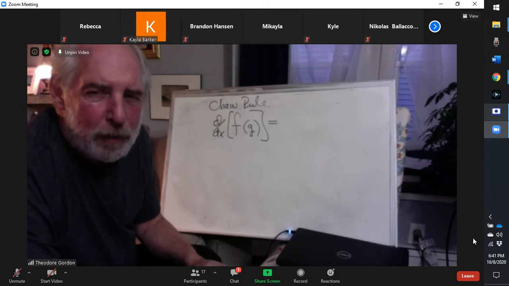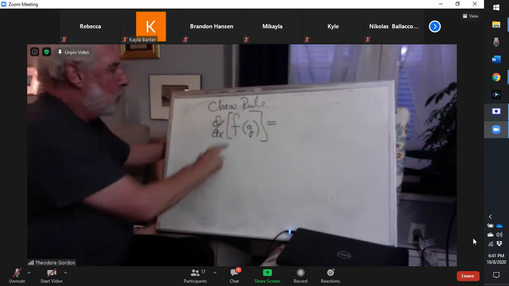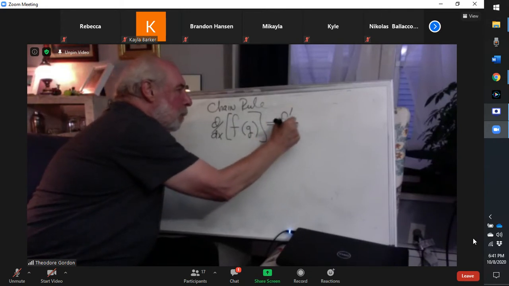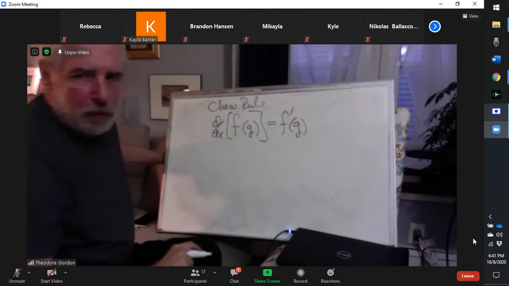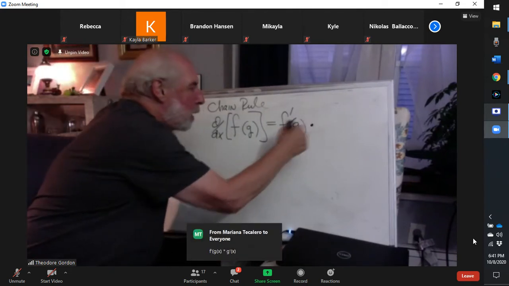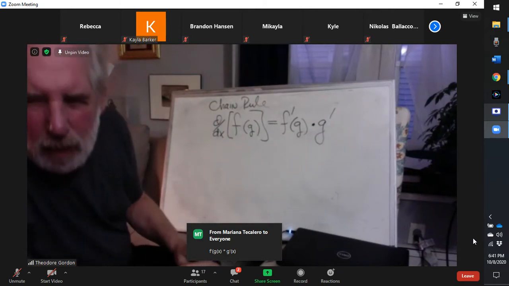Rattling around in your brain somewhere. So the chain rule works like this. You do the derivative of the outside function, but you don't do anything to the inside function. You don't touch it. And then you multiply by the derivative of the inside function.